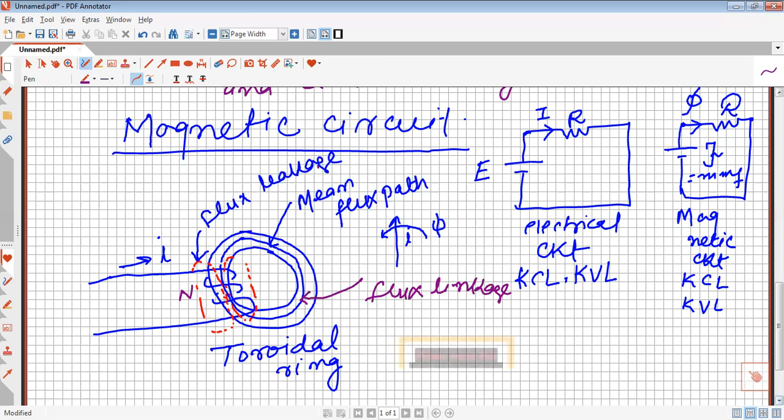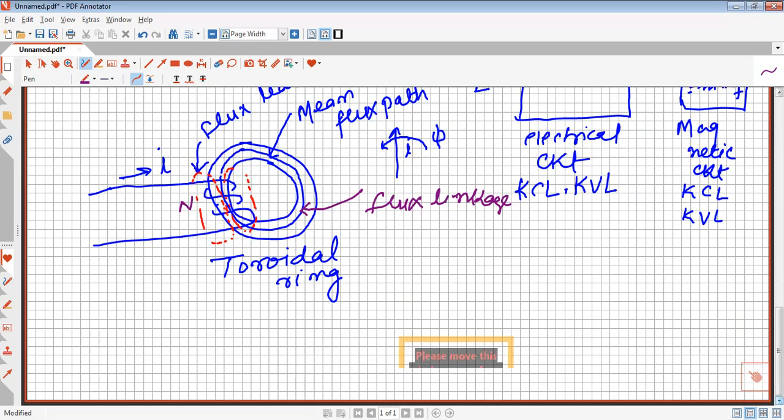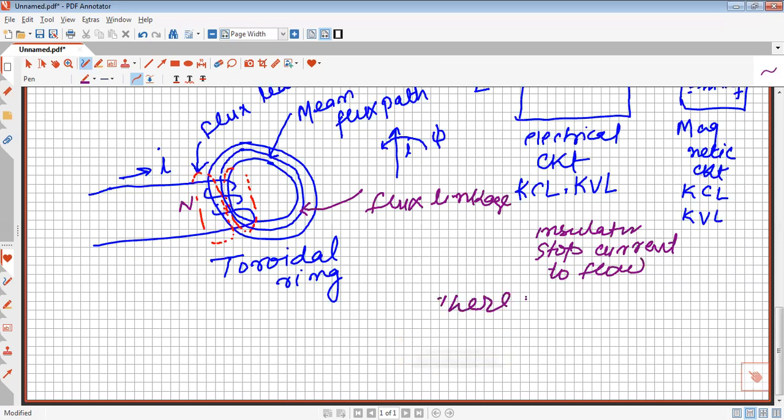There is in fact no material available which will stop the flux from leaking into the air. There is an insulator in the electrical circuit. An insulator is available in the electrical circuit which will stop the current from flowing. But there is no such magnetic material.